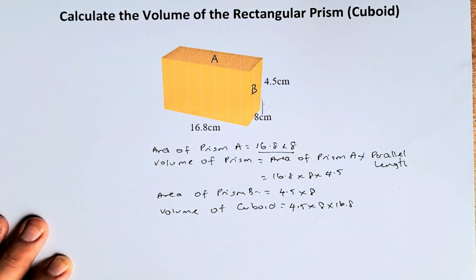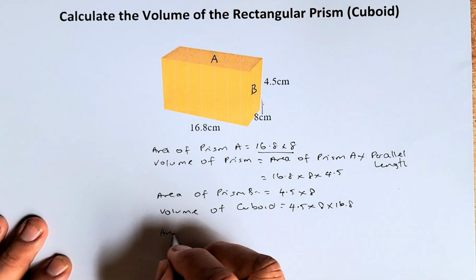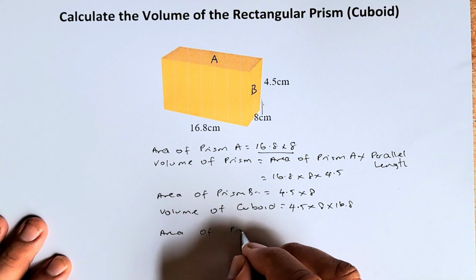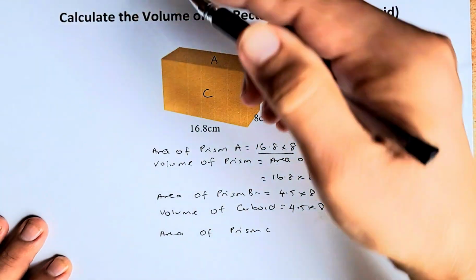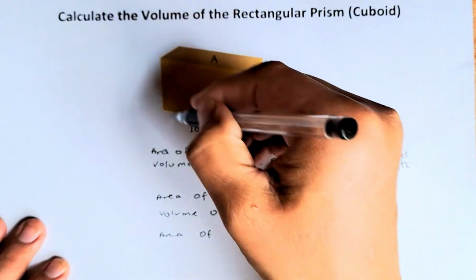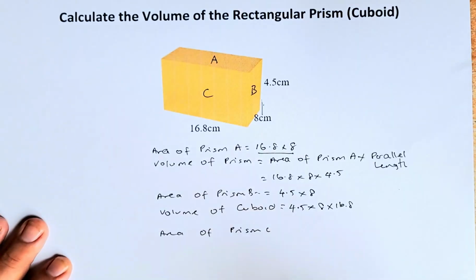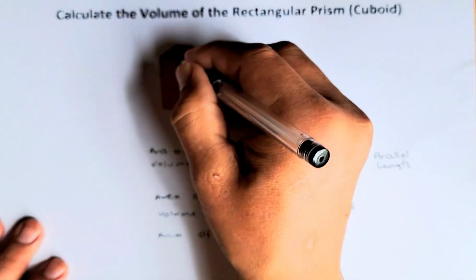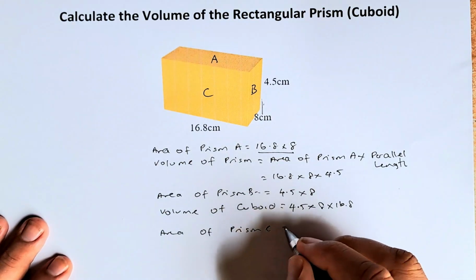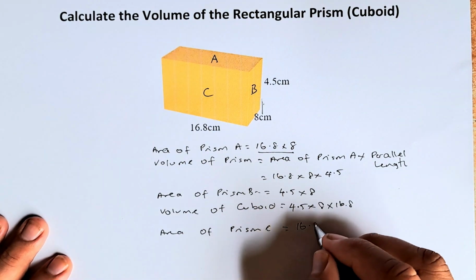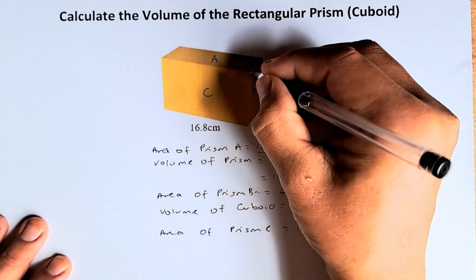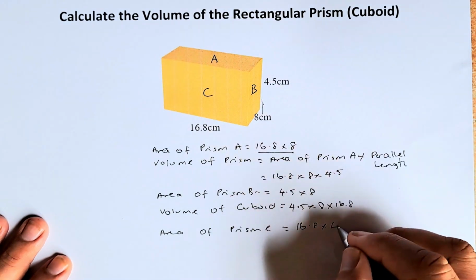Last but not least, the third prism, prism C. This is the front of the cuboid. If we cut from the top, it will always be the shape of a rectangle that looks like a C. The area of C is 6.8 multiplied by the height, which is 4.5.